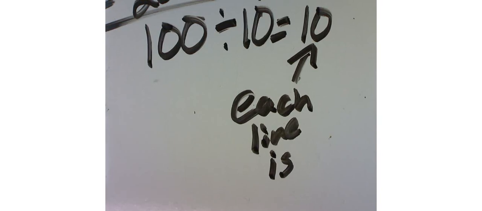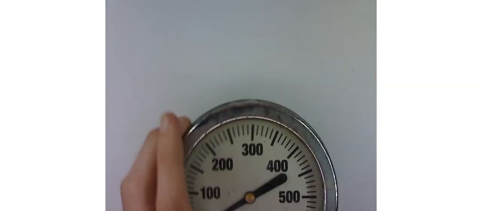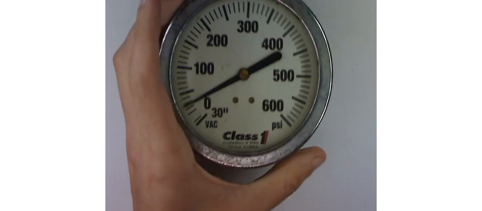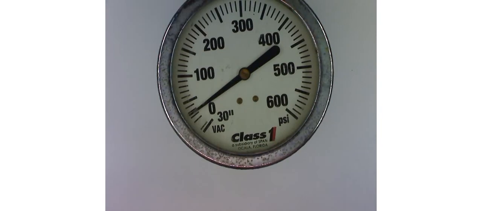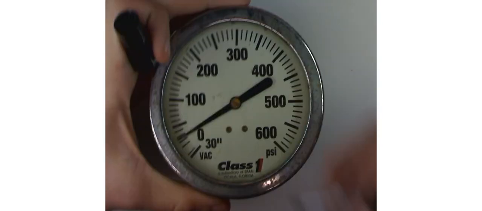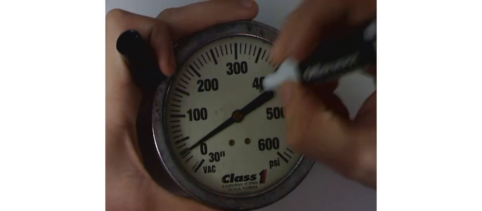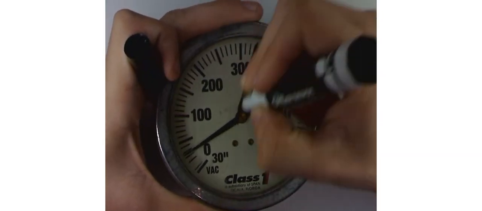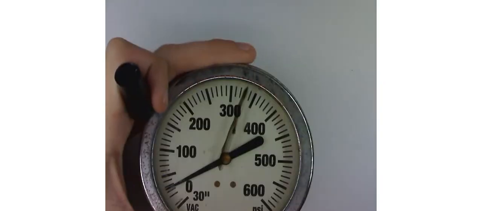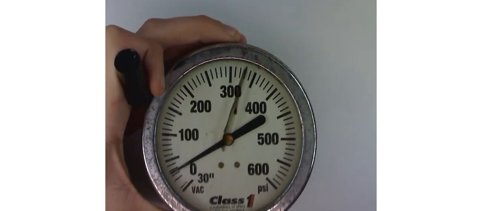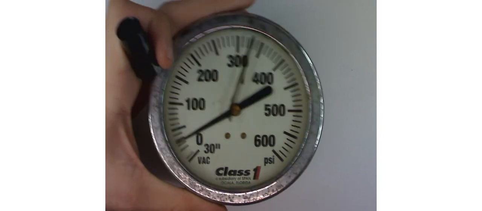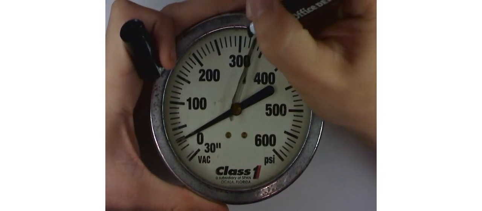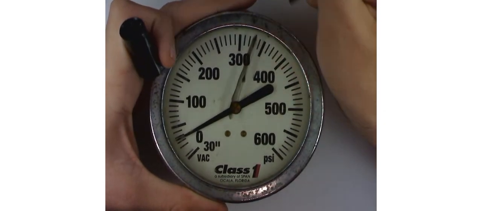So let's try and do a reading then real quick on that. So we have our gauge here. Take my markings off of there. Now I don't have this hooked up so I can't make the arrow go. So I'm going to draw on this. So let's say pressure gauge comes in. It comes right there. Okay. So we look on our pressure gauge and we see it's 1, 2, 3 spaces above 300.